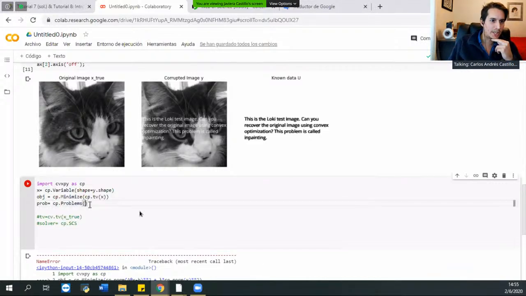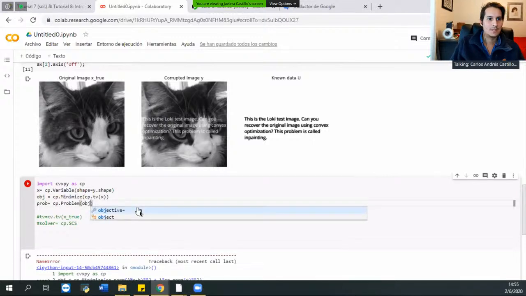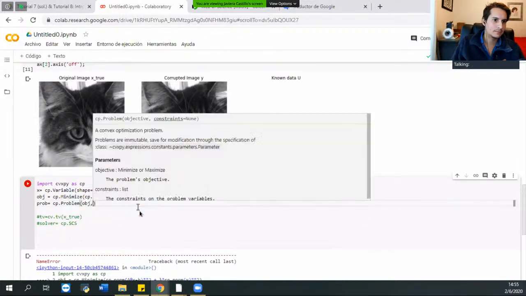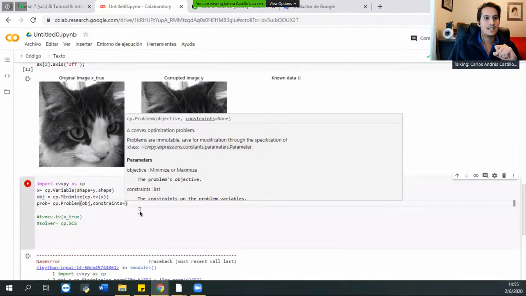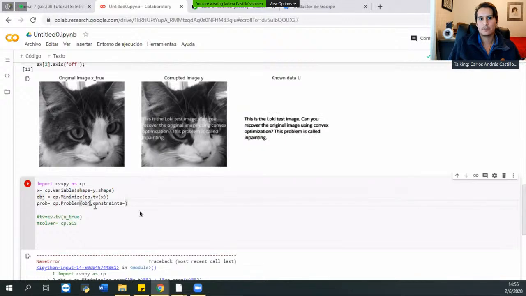And in singular, Problem, not Problems. And inside, you need to define the objective function. So you put obj, and then comma constraints. And then you need to define the constraints. And what are your constraints?